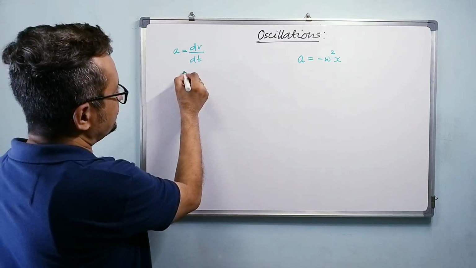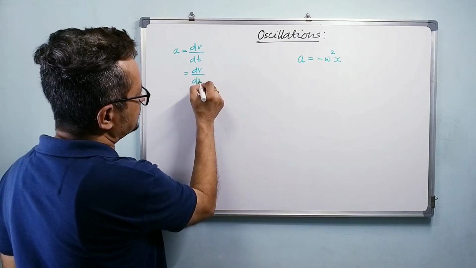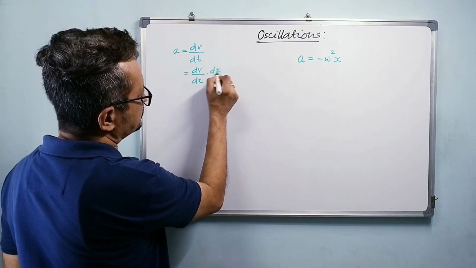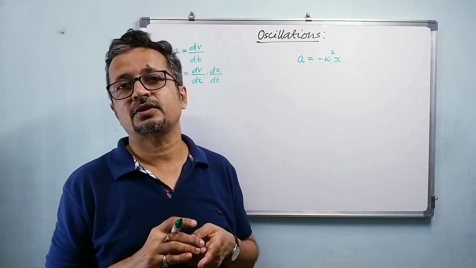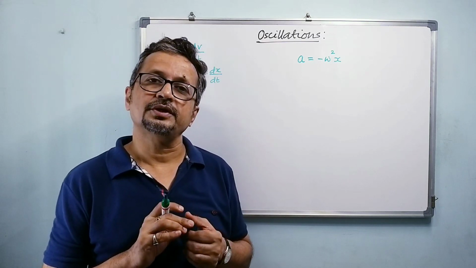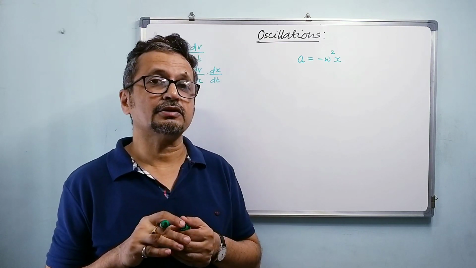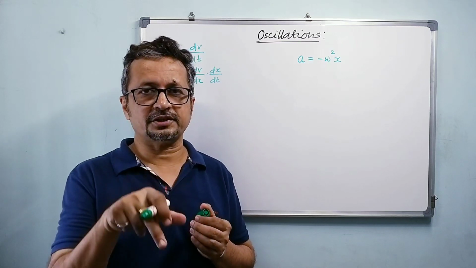Now this I'm going to write as dv by dx into dx by dt. Now for more details on this calculus part, you can refer to my videos in the playlist Calculus for Physics, and that would be mentioned in the description here.